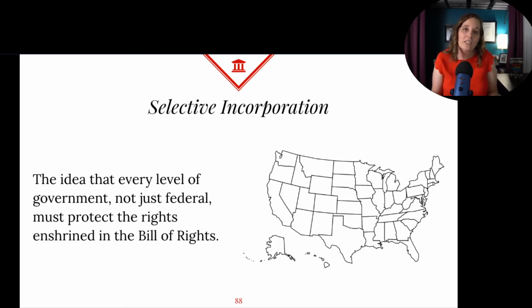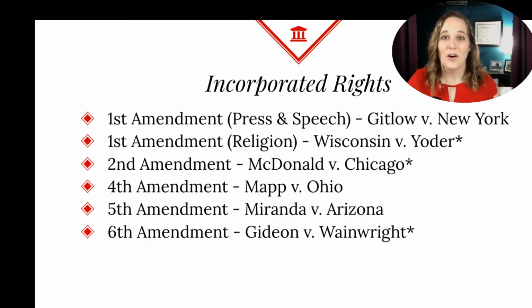And we talked in topic 3.1 about specific amendments that have not yet been protected by the court, like the 3rd, 7th, and parts of the 8th. Many of the cases we've already discussed are considered landmark cases specifically because they incorporate parts of the Bill of Rights to the states.